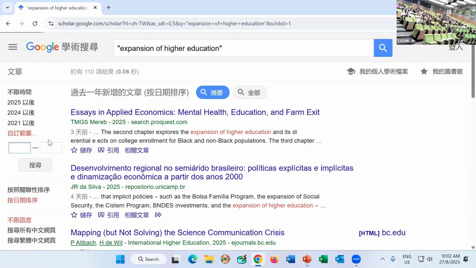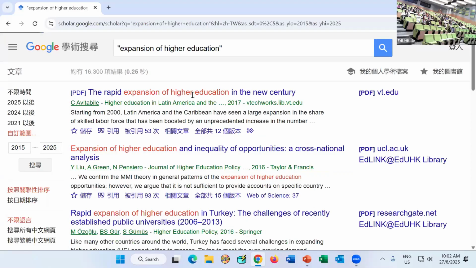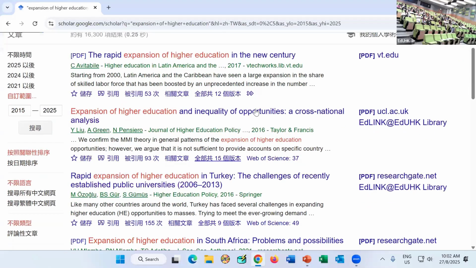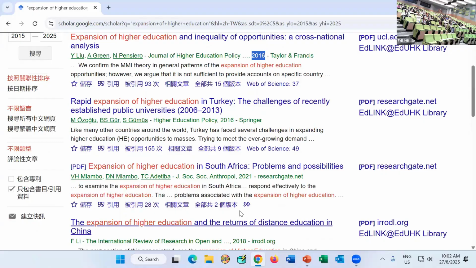It's like within 10 years. So that's why we can write 2015 to 2025. It depends on the topic. But at least I try to limit it to something recent. And you guarantee your search results would be within the 10 years. So that is one hint.